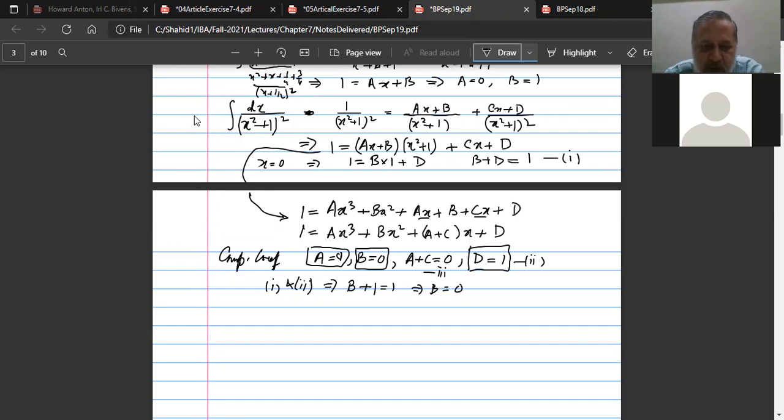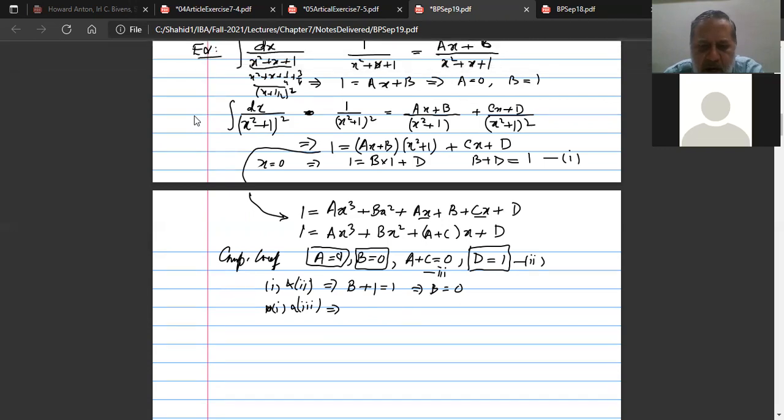Very good. 1 and 3 imply, why I'm comparing 1 and 3, don't need to. I've got A is equal to 0.